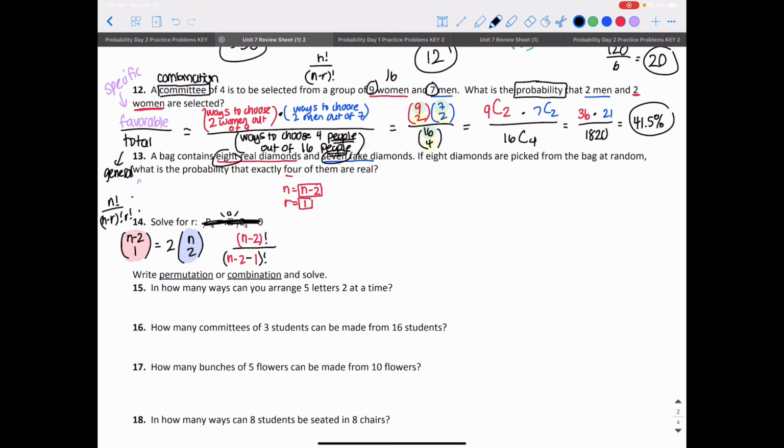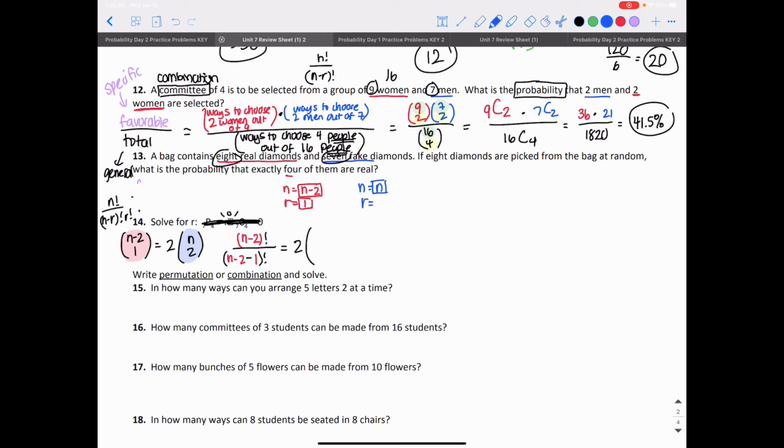I don't need to write 1 factorial. I know it's just 1. So I'm just going to not write that. That's equal to, on the other side, I have 2 times, and then the blue, if I rewrite that blue, I know n is equal to n. So I'm just going to replace everywhere in my formula that I see an n, I'm going to leave it as n.